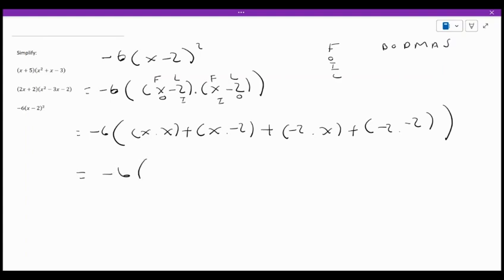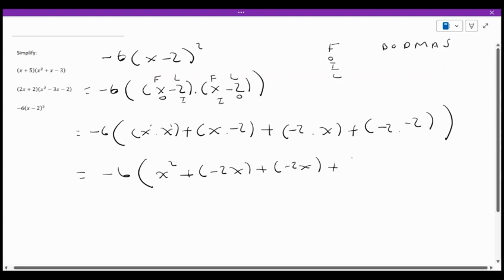Still carry the negative 6, it's still outside. x times x: there's a 1 there, there's a 1 there. When you multiply our variables, we just add the exponents, so that is x squared, plus x times negative 2, that's negative 2x, again plus negative 2x, and then a negative times a negative is a positive, that will make positive 4.